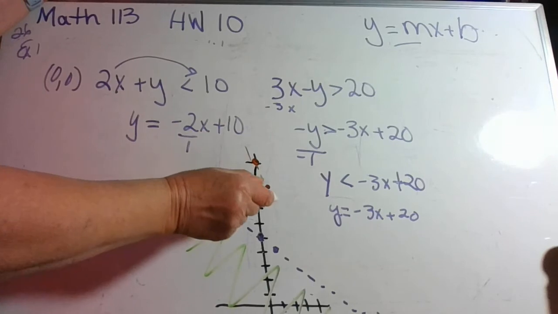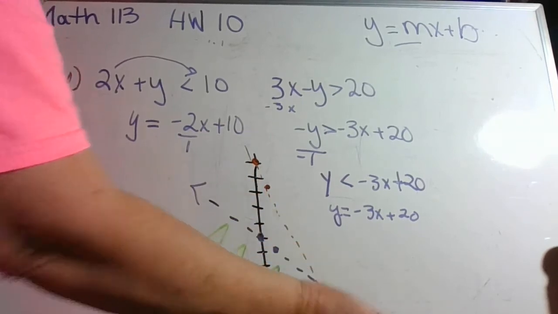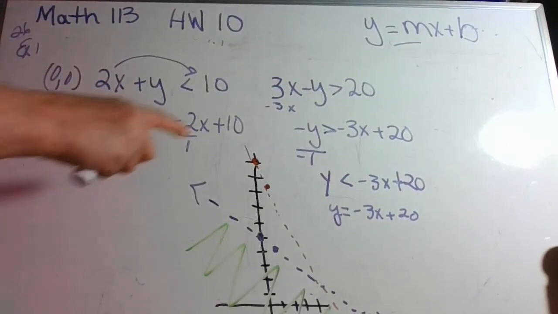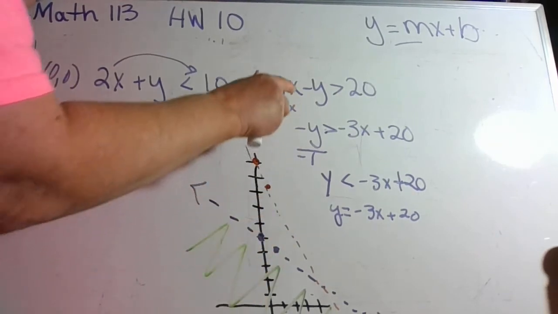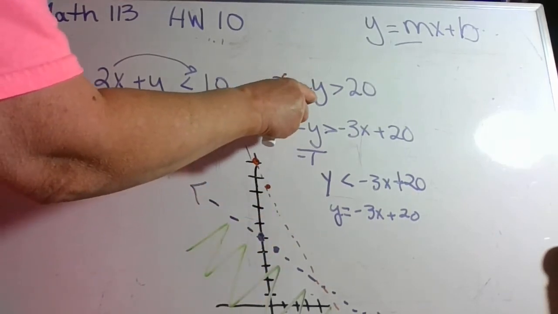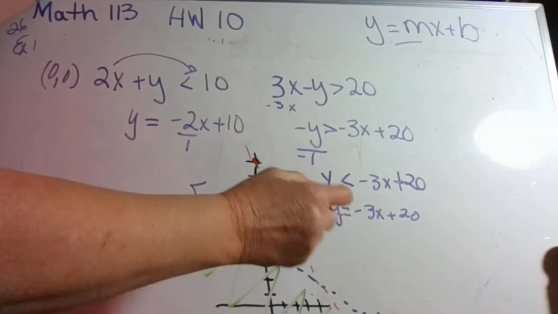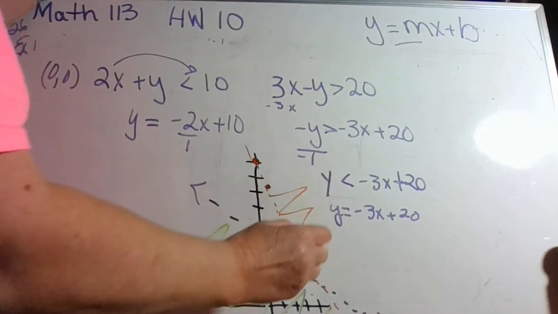So we're going to dot that down through here. Notice they cross there. Now let's do the orange one here and let's try 0, 0. 0 minus 0 is greater than 20? No, it's not. So you're going to be coloring on this side.